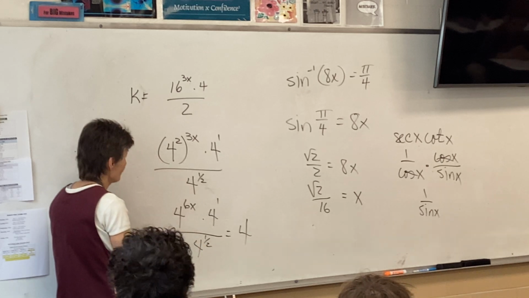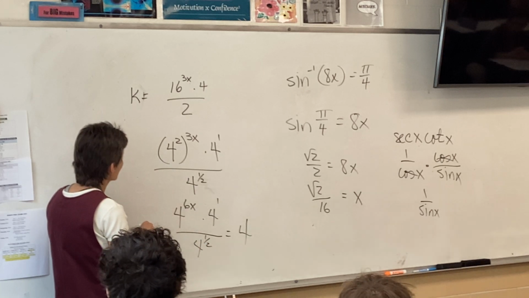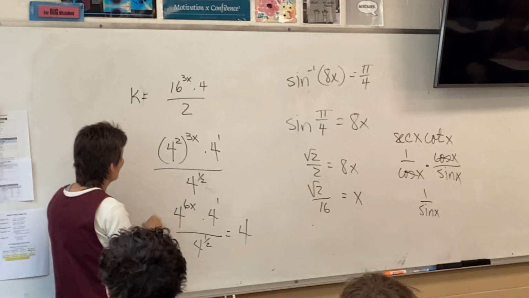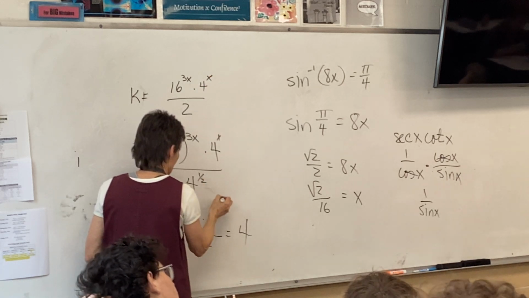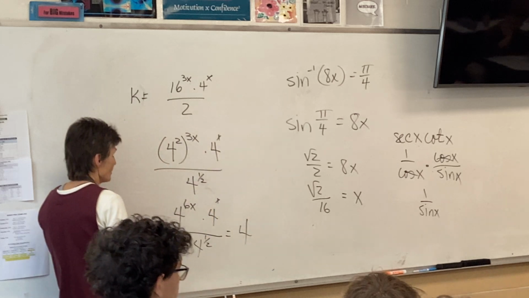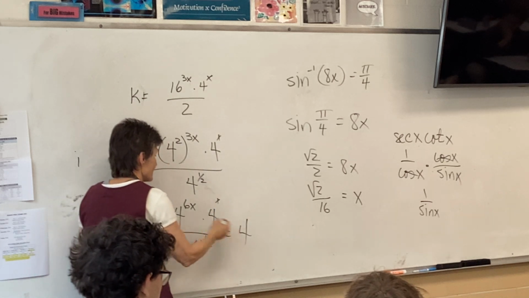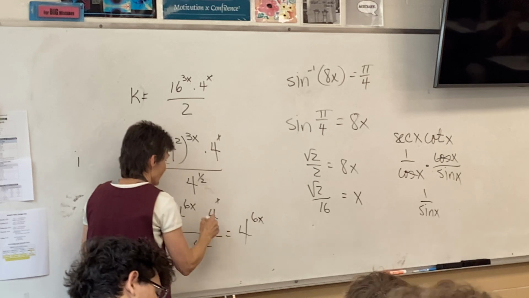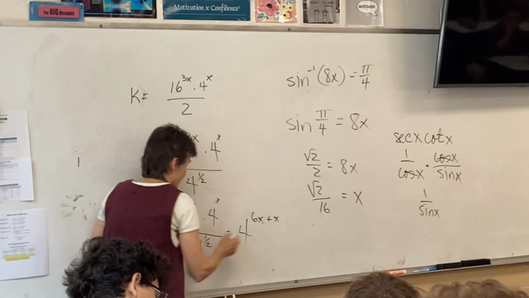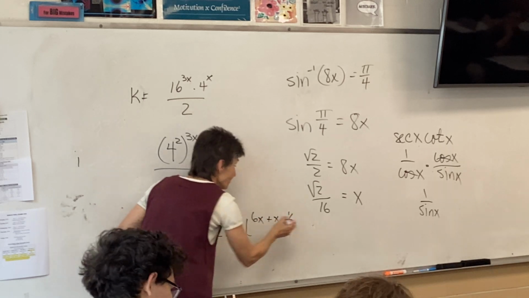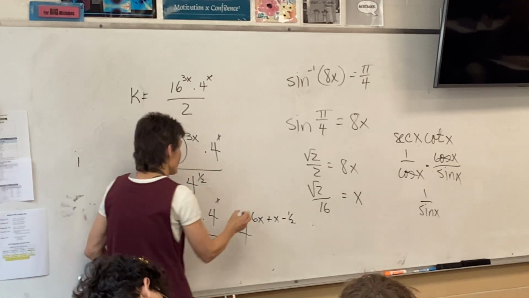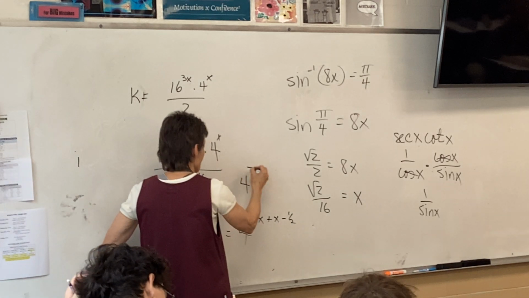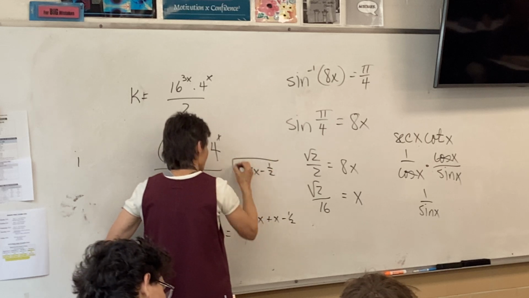It's 4 to the 6x times 4 to the x. So it's 4 to the 6x plus x minus 1/2. So it's 4 to the 7x minus 1/2.